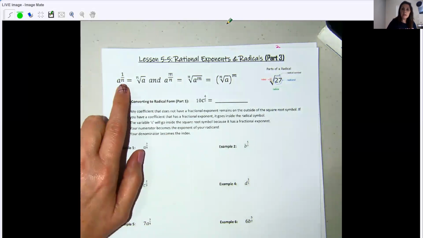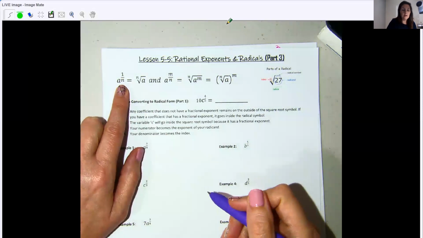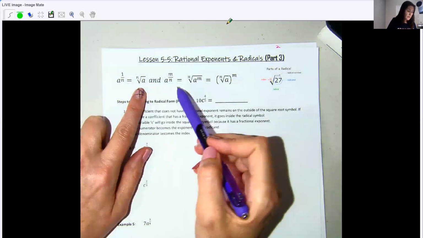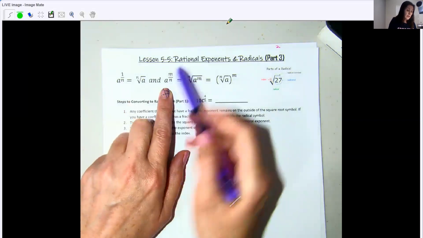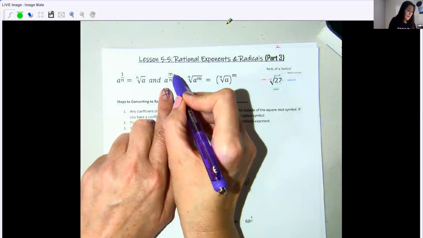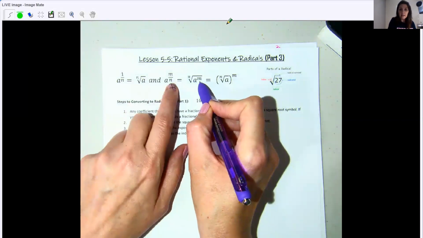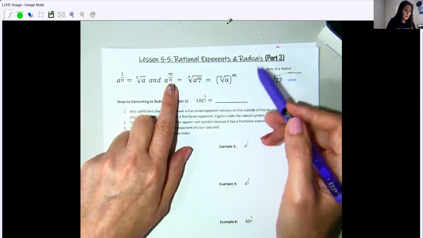And then your denominator goes on the outside of your square root symbol, okay? So looking at this one, a to the power of m over n. This term, m, your numerator is going to go on the inside of the square root symbol, and the n, your denominator, goes on the outside, okay?